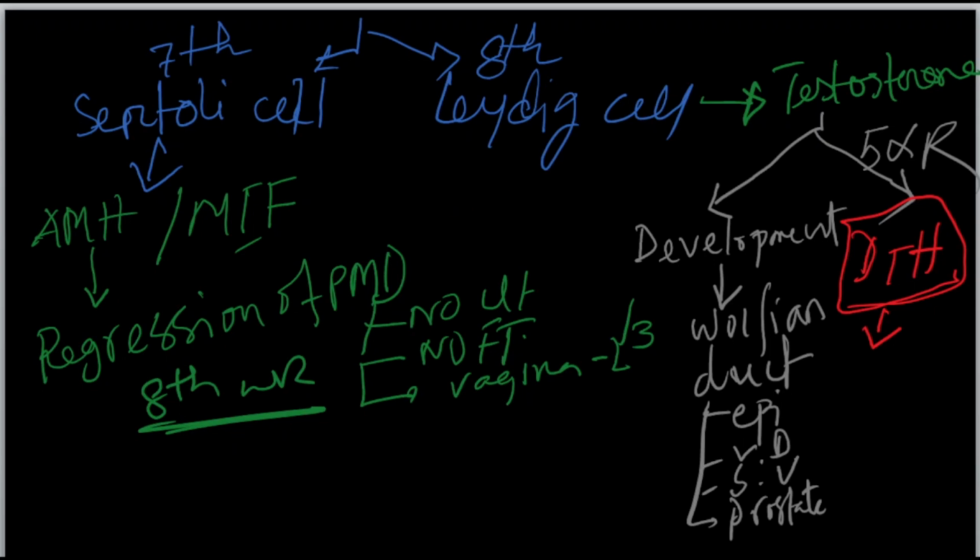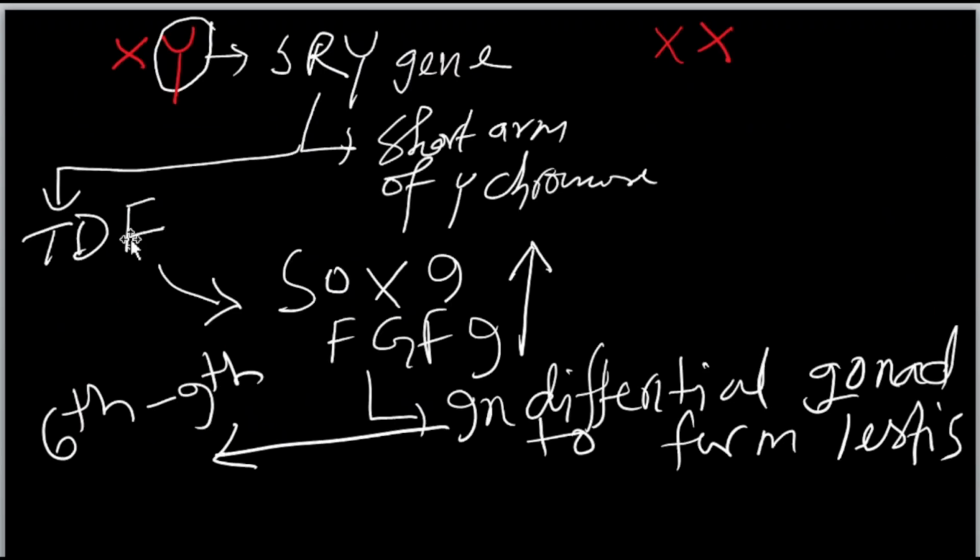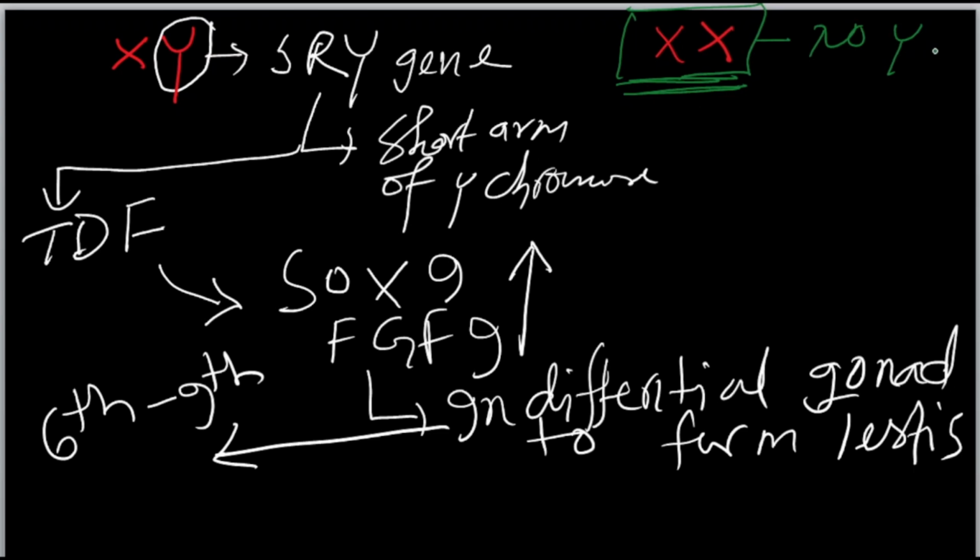Now we go through the development of the female genital organ. It will be easy now. In the female, chromosomal sex at fertilization is XX, so there is absence of Y chromosome. As there is absence of Y, there is no SRY, no testis determining factor.